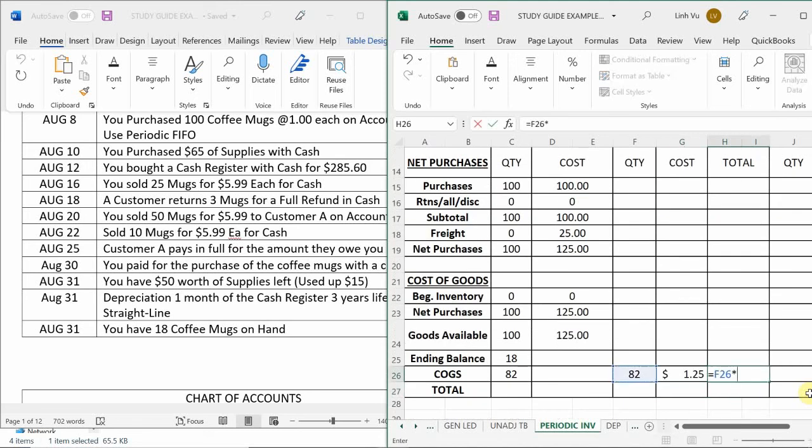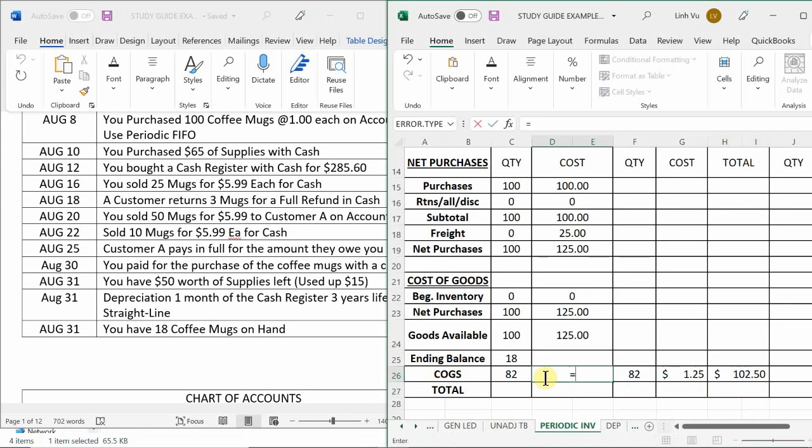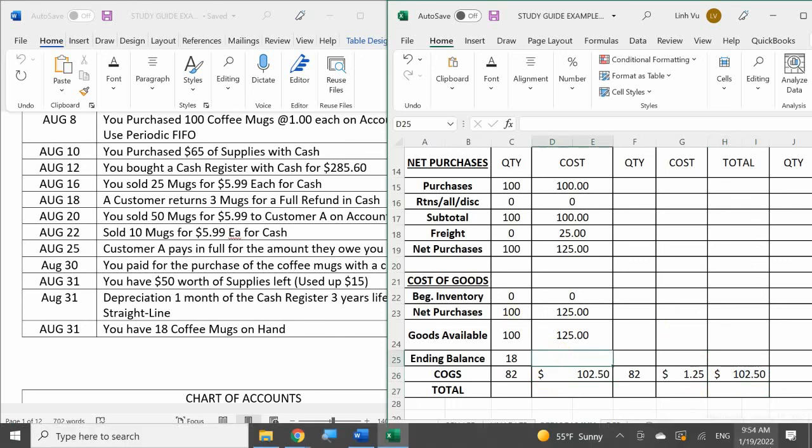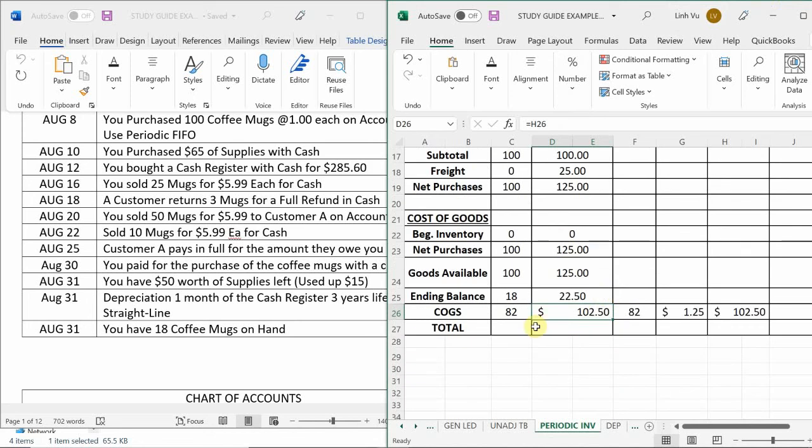So in grand total, how much is my total cost of goods sold? 102.50. Okay, so that means I should have an ending balance of $22.50. Good. So I have all of this, which is correct.